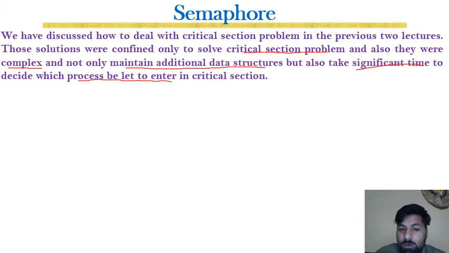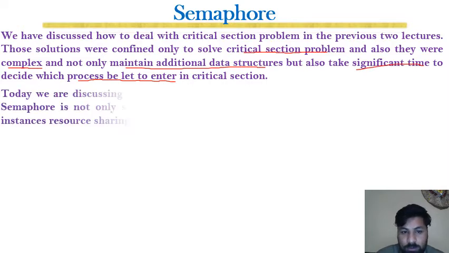So before deciding which process should be allowed to enter the critical section, it needs a lot of calculation and a lot of processing. So these were the four problems associated with the previous solutions that we have discussed so far.